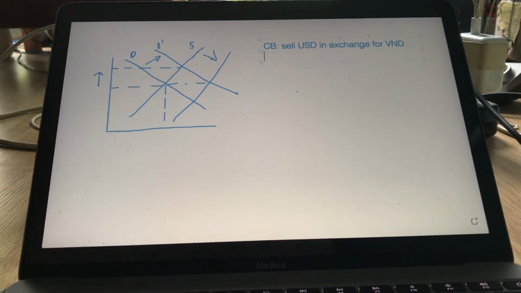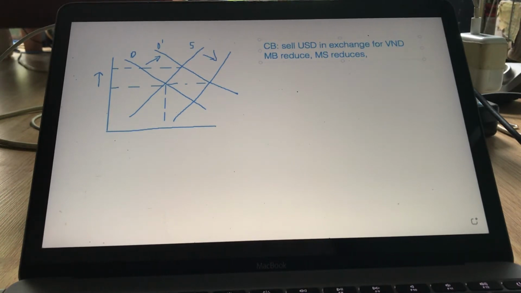Then the money supply will decrease also. Then a shortage of money. So we have MB decrease, okay, it's correct. Then MS decrease, okay, it's correct.